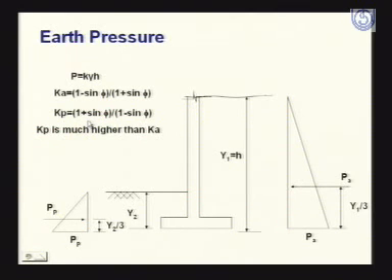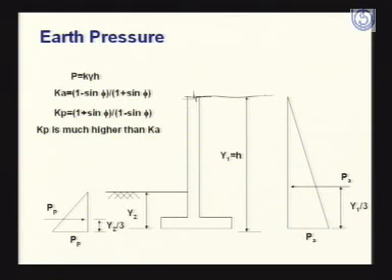You can calculate these two values, and Ka will come out to be 1 by 3, whereas Kp will come out to be 3. Means these are inverse, Kp is equal to 1 by Ka simply.